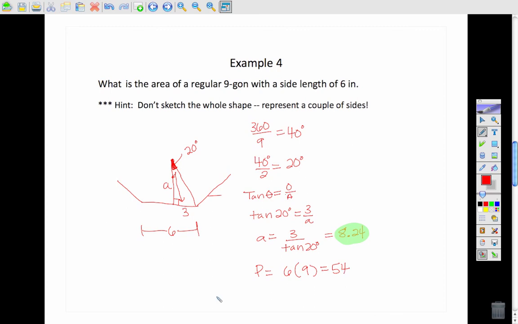So perimeter is the side length times the number of sides, and that is 9, so we're at 54. And then we just plug into our formula. Area is equal to 1/2 times the apothem times the perimeter.